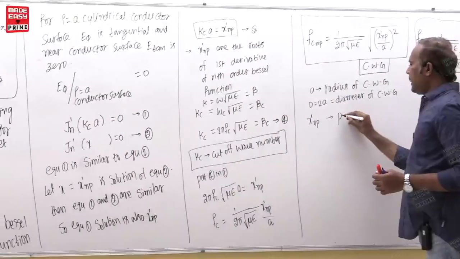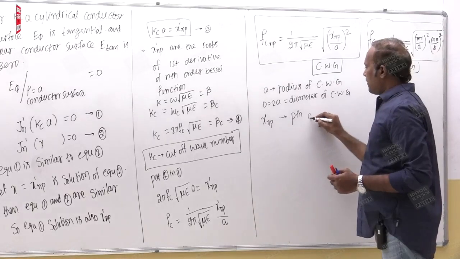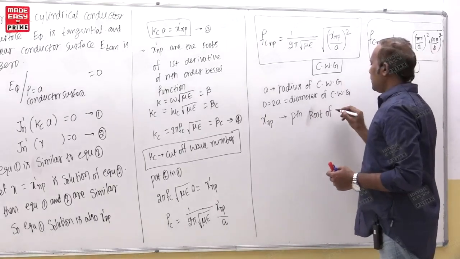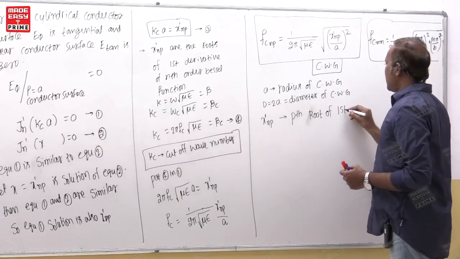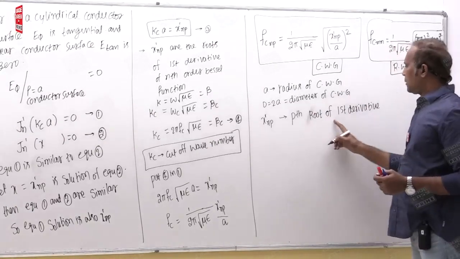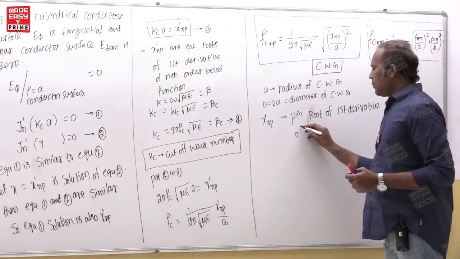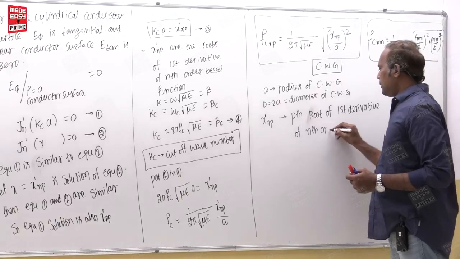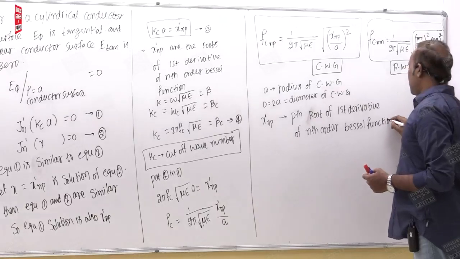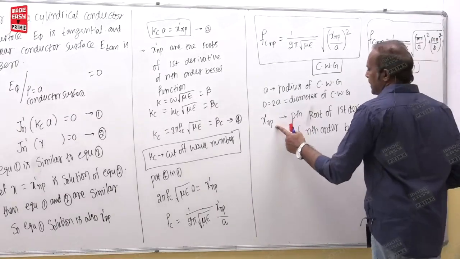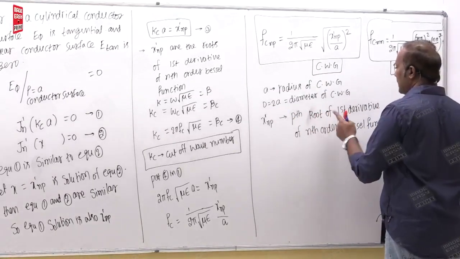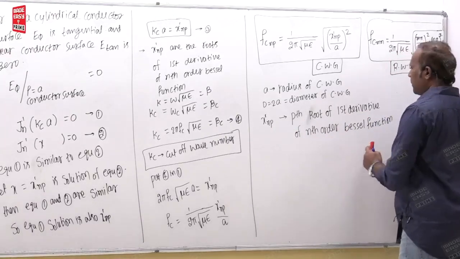So this is called pth root of first derivative of nth order Bessel function. So dear student, p is integer, that means number of roots, that is pth root of dash means here first derivative, n means of the nth order Bessel function.